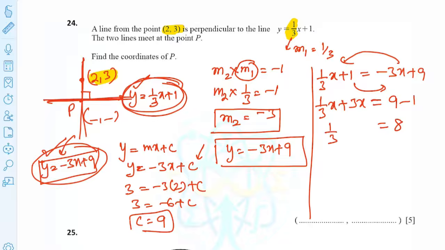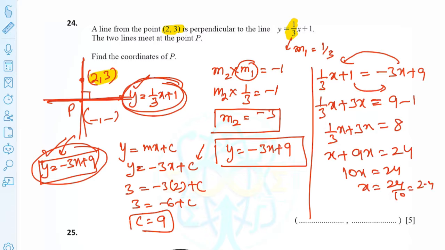Multiplying by 3 to remove the denominator, x plus 9x is 10x, and 8 times 3 is 24. So 10x equals 24. Divide by 10 and I get 2.4. So the x coordinate is 2.4.